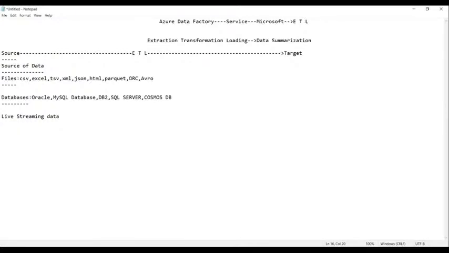So what do you mean by live streaming data, guys? Take the stock market. Have you ever seen how it works? The values change every second or every minute. The session will be live. Or, for example, a live cricket match.